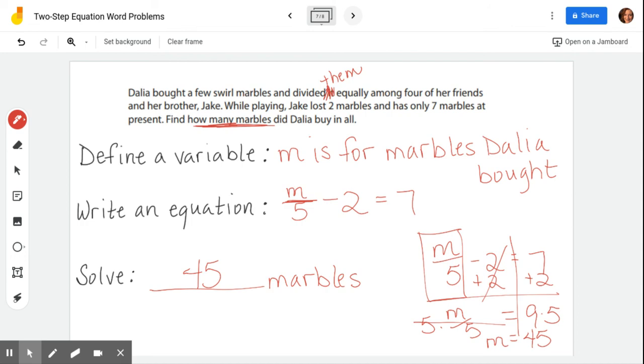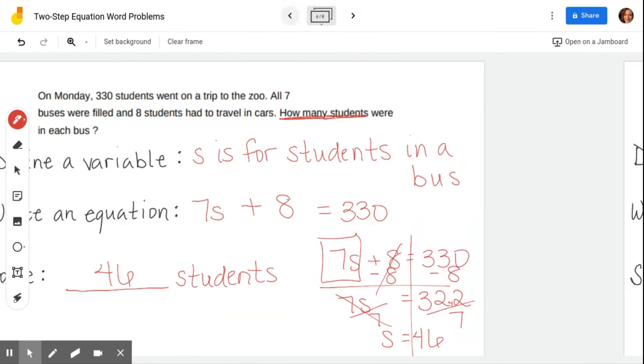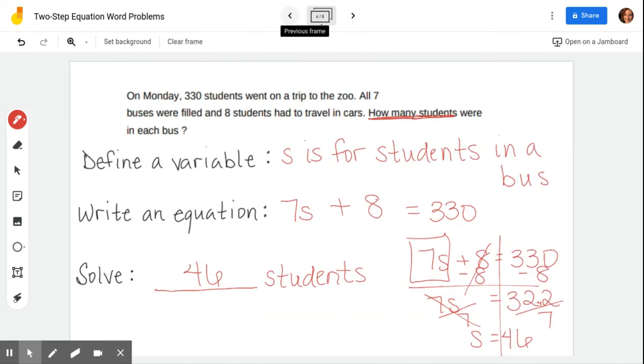They all have one equal sign. No more, no less. One equal sign. And then there's some sort of operation in there. Really, since these are 2-step equations, we're showing 2 operations. You just don't always think of the M over 5 as actually being an operation, or the 7S as actually being an operation, but it is.